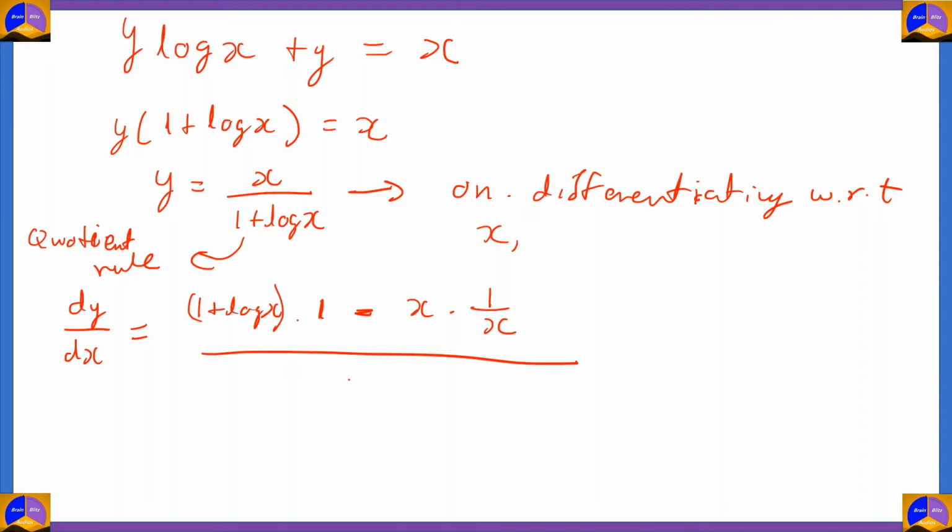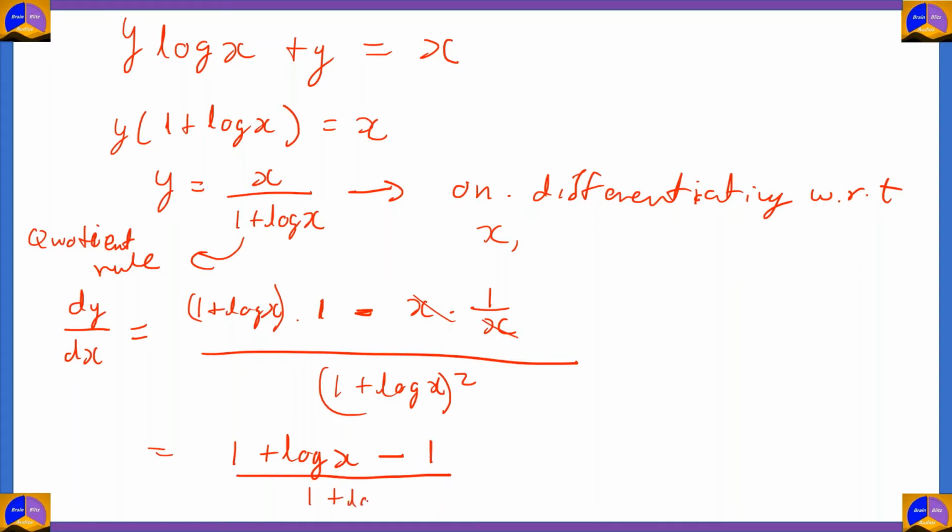And we divide that by (1 plus log x) the whole square. Since there's an x in the numerator and the denominator, they get cancelled. So we have (1 plus log x) minus 1, divided by (1 plus log x) the whole square. Therefore dy by dx is equal to log x divided by (1 plus log x) the whole square.